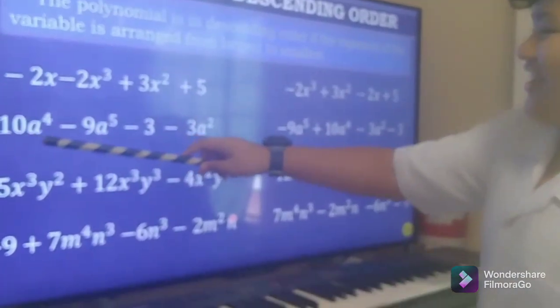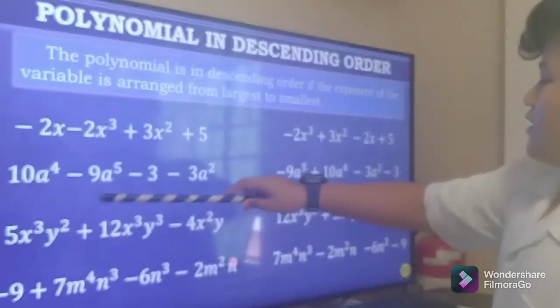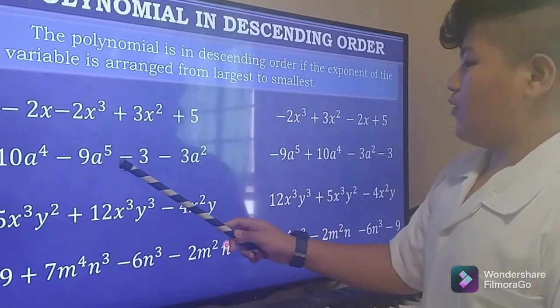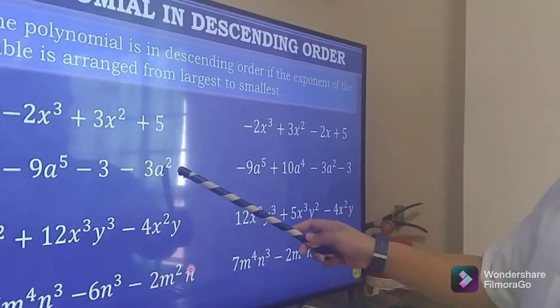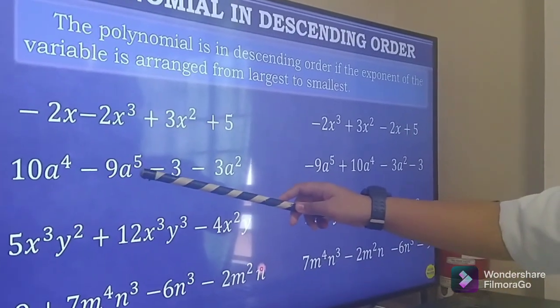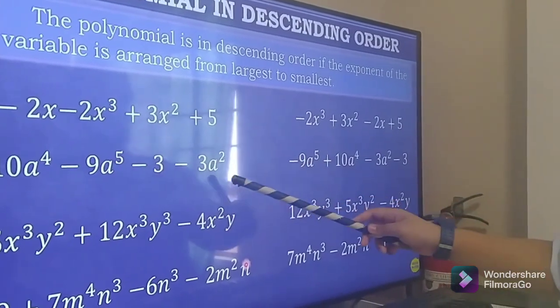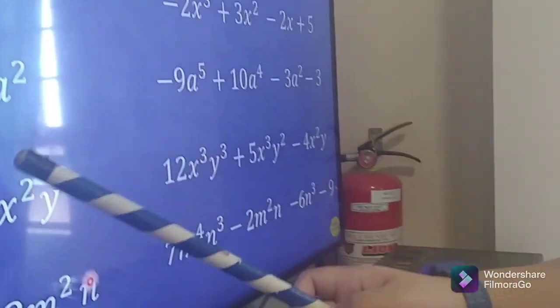Second example: 10a to the fourth power minus 9a to the fifth power minus 3a squared. Our first and highest term is 9a to the fifth power. So this will be our first term and highest term.